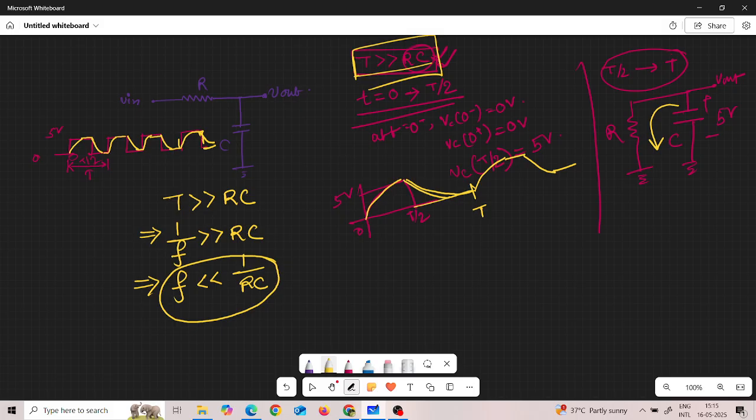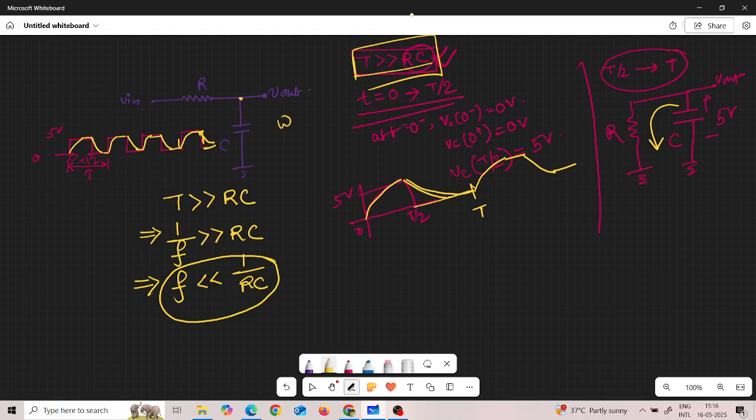Can you say what kind of filter this is? This is a passive filter. Can you guess whether it is a low pass filter or a high pass filter? How can you check?